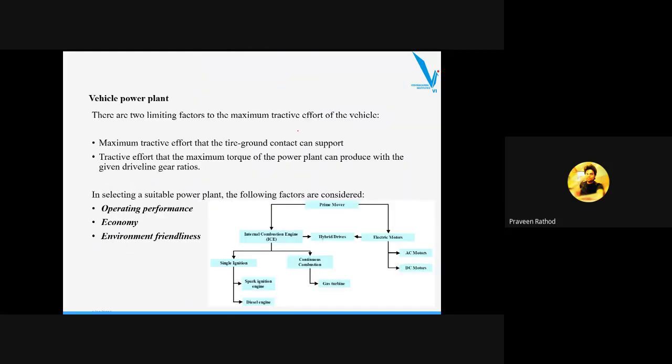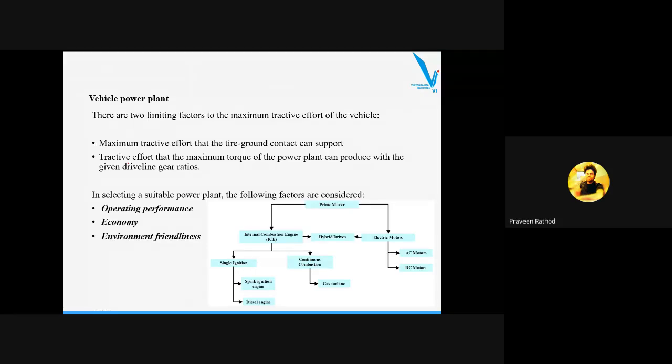So next is the vehicle power plant. When we consider a vehicle power plant, there are two limiting factors to the maximum tractive effort of the vehicle. One is the maximum tractive effort that the tire-ground contact can support, and the second is the tractive effort that the maximum torque of the power plant can produce with the given driveline gear ratios.